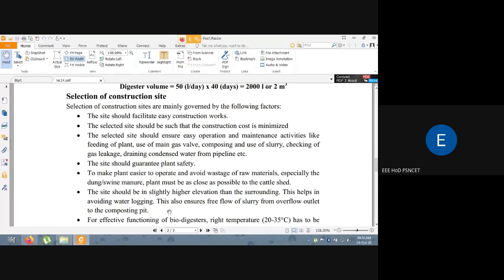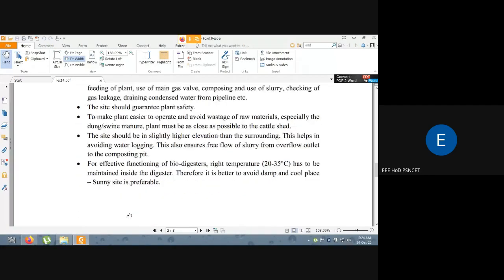Okay. Then, for effective function of the biodigester, temperature should be maintained properly. We have discussed earlier, it should be within the range of 20 to 35 degrees Celsius, or it may be up to 50 degrees Celsius. Okay, so normal temperature is about 30 to 35.